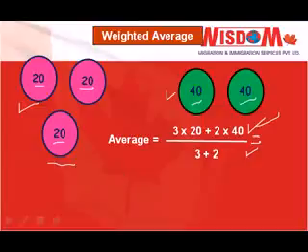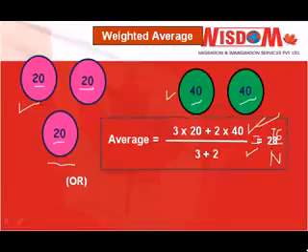So we can say that the upper part corresponds to the total sum of items, and the bottom part is the number of items. I hope this is pretty clear, because it's a pretty simple example and you don't need to worry about it too much. So let's solve some questions related to weighted average.